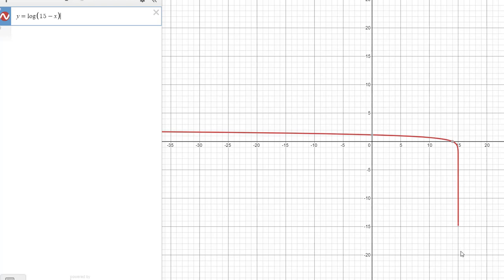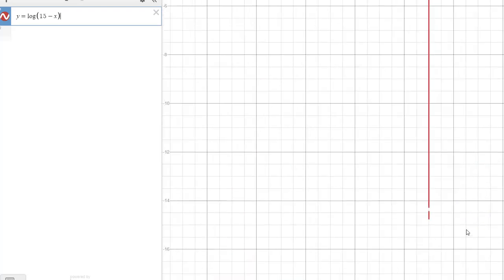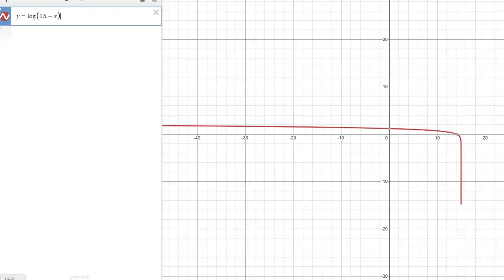It cuts it off, but technically it's not a vertical line. Remember, it's approaching this asymptote here at 15, okay? And that's because, look, there's a negative in front of the x. That's a reflection across the y-axis. So instead of going the other way, which most of them have done, it's going to be going this way from negative infinity to 15.